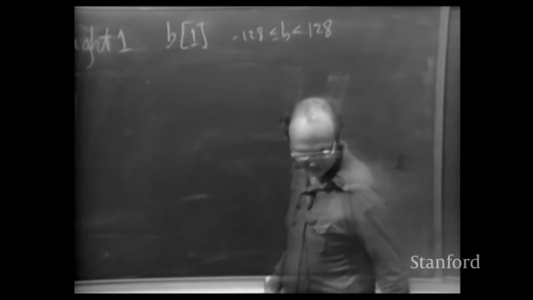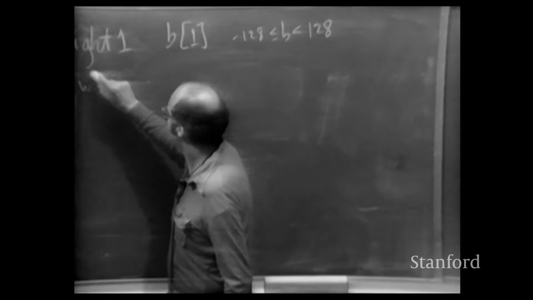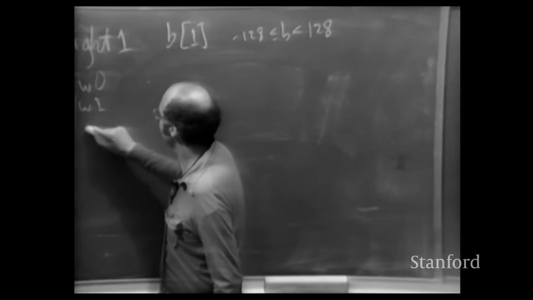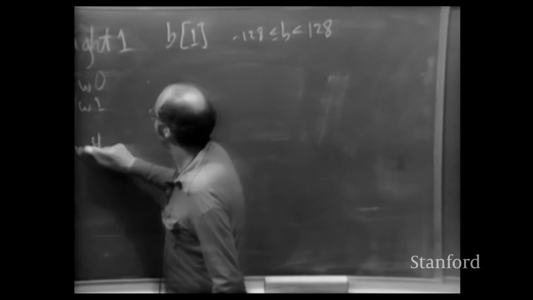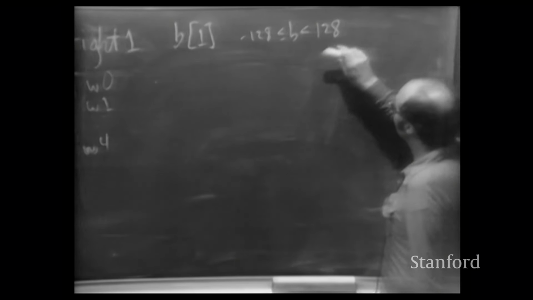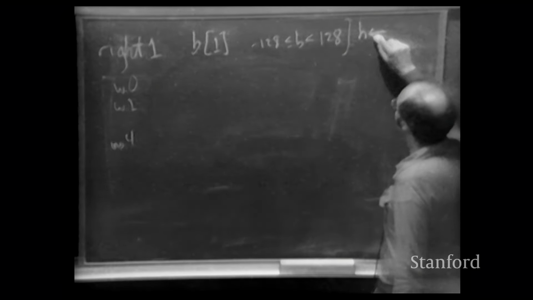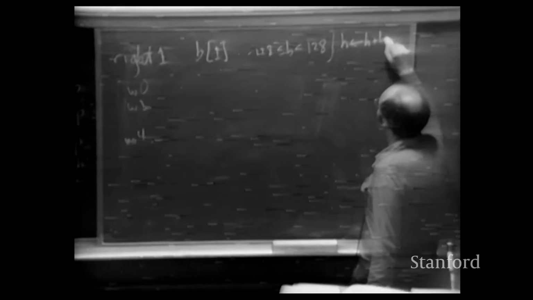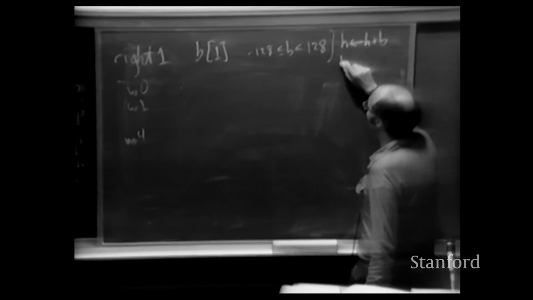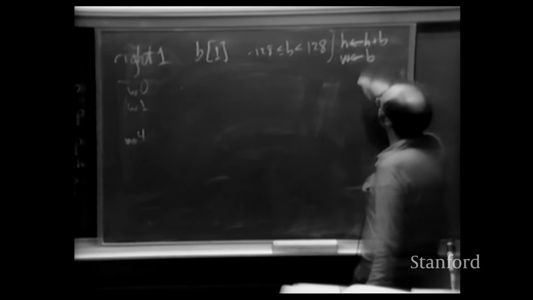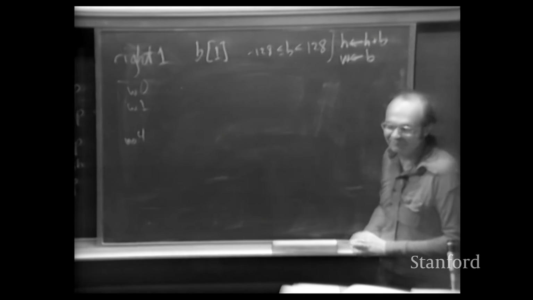Then there's w0, or w1 to w4, and interestingly, the definition of the w command, it does two things. It says h to h plus b, and it also sets w to b. So the amount that you move by is saved in this register.